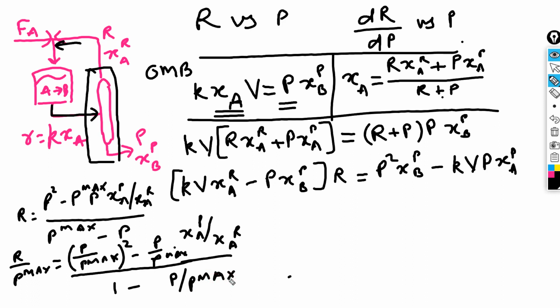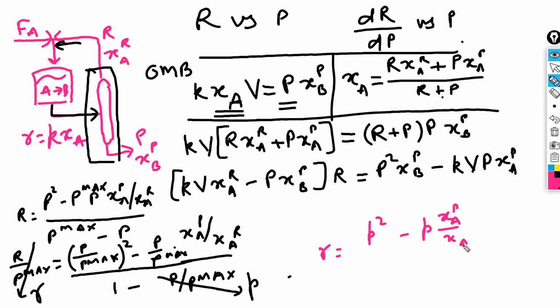And let us call this small r, and let us call this small p, and then what we get is r is equal to p square minus p XAP divided by XAR, divided by 1 minus p.